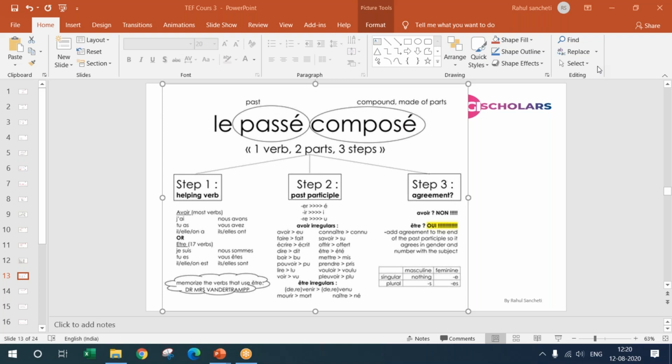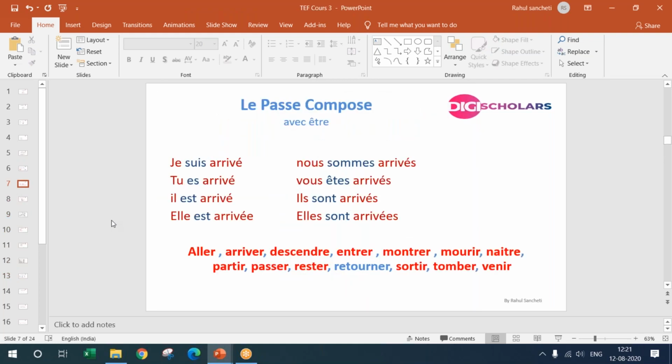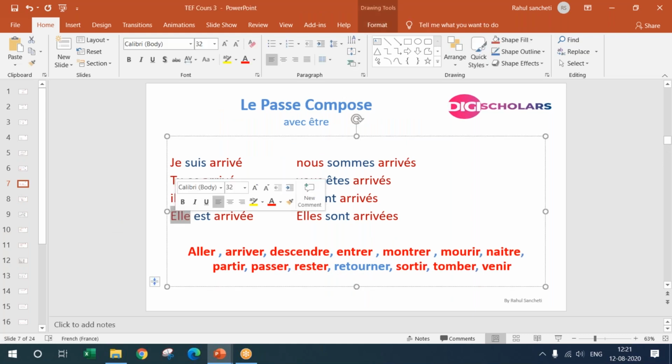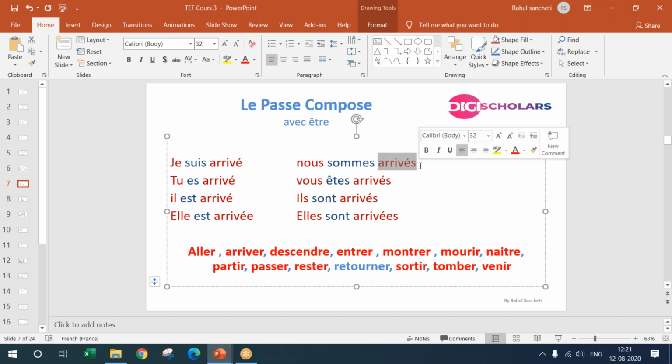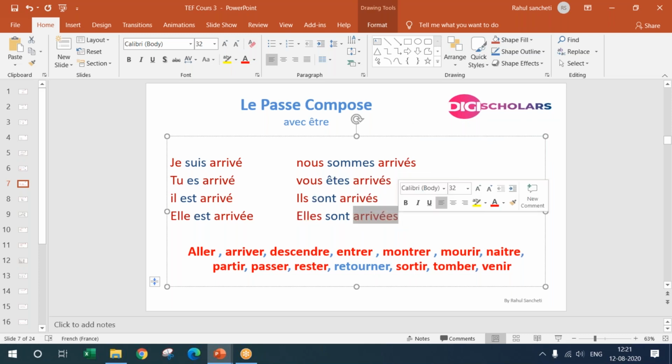So in case when I say I have arrived, I will not add an extra E. But when you say she has arrived, you add an extra E because she is feminine. But when we say we have arrived, we have an extra S because we are plural. And when you say they have arrived, it is E and S. That means there is a group of females in plural form.